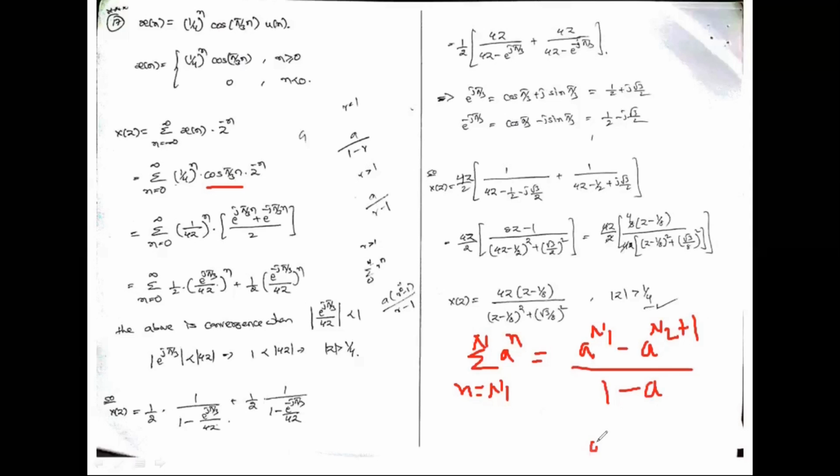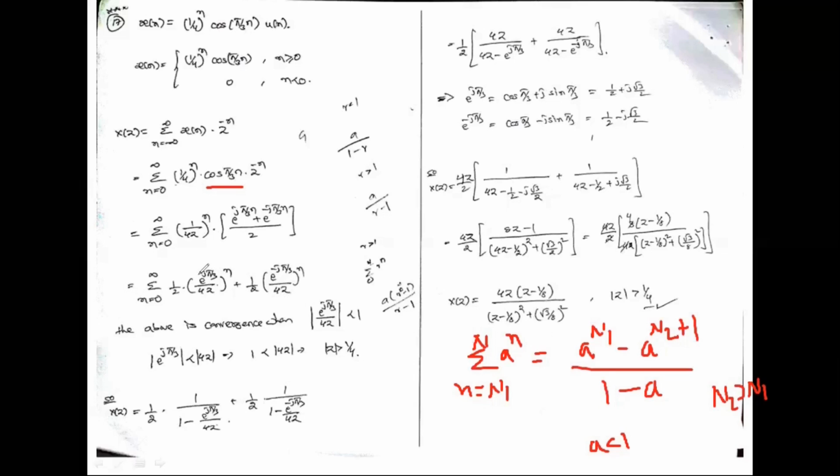What is the a here? a is less than 1. It's a condition, where n2 is greater than n1. Got it, my students? What is the a here? e power j pi by 3 by 4z is less than 1, and e power minus j pi by 3 by 4z is less than 1.